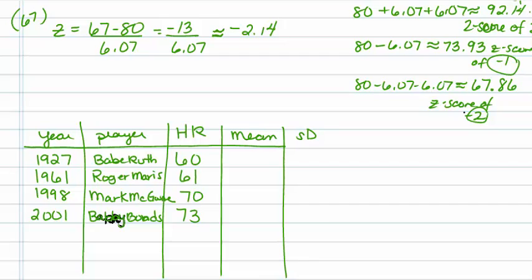But let's compare it by looking at the history of baseball. Some eras have been easier. It's easier to hit a home run in some eras than others.